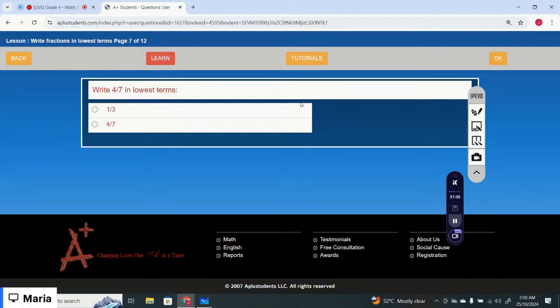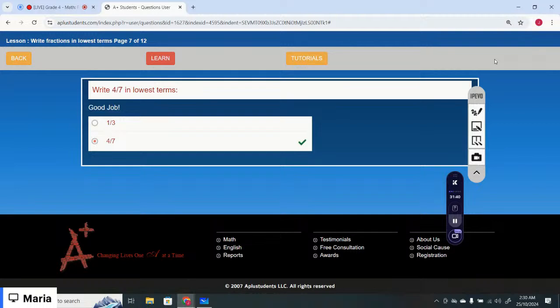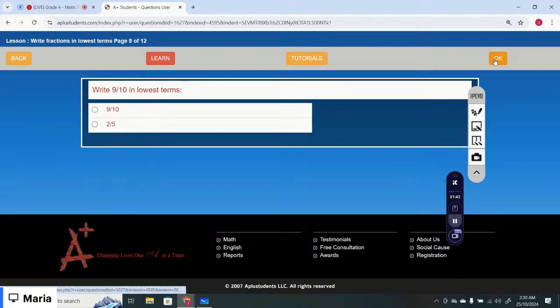Yes, that is the same 4 by 7 because 7 is only divisible by 7, but 4 is not divisible by 7, right?